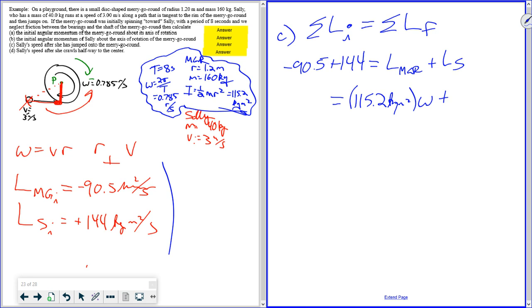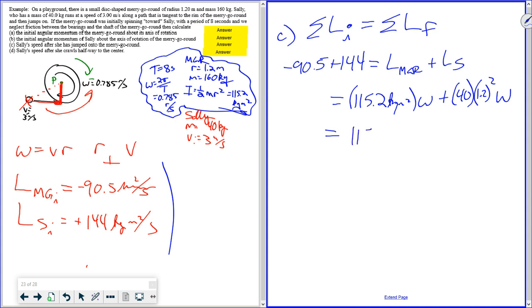Angular momentum of a point particle, right? But this time I'm not really interested in V. I'm interested in omega. So I'm going to write her I as mr squared. So her m is 40. Her r is, she's 1.2 meters from the center of the merry-go-round. Don't forget to square it. So that's her I times the same omega as the merry-go-round, okay?